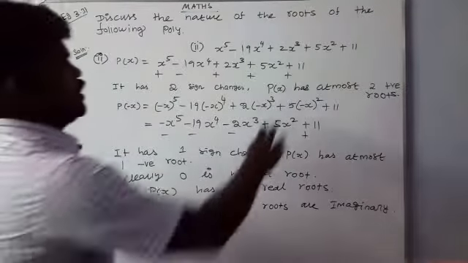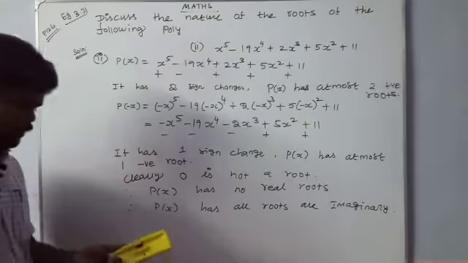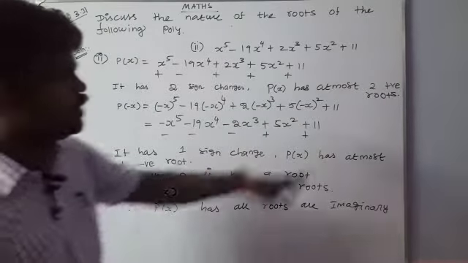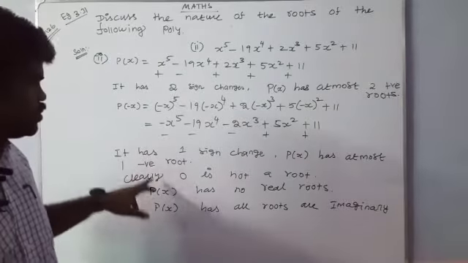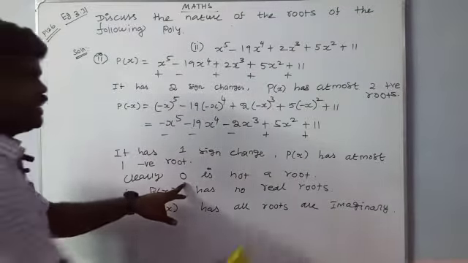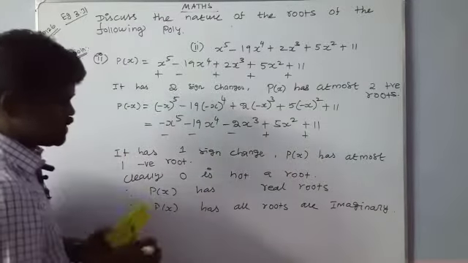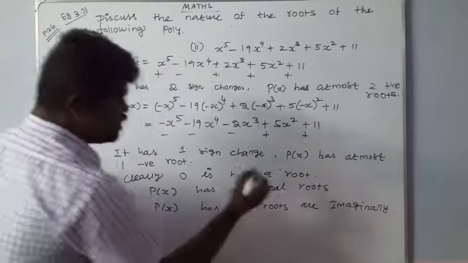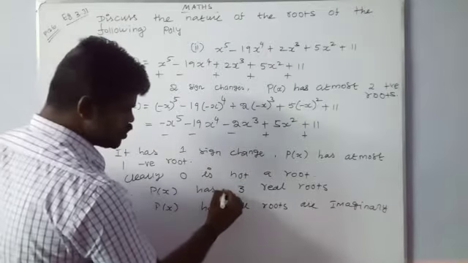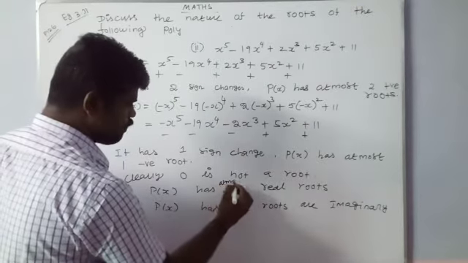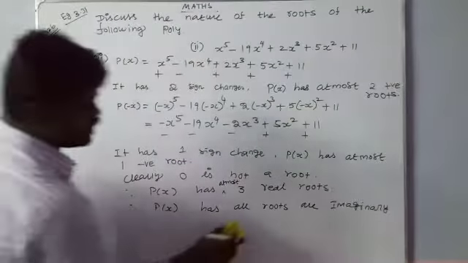This equation contains a constant term, so clearly 0 is not a root. So how many roots are there? Two positive roots at most, one negative root at most, and 0 is not a root. So totally 2 plus 1, 3 real roots. P of x has at most 3 real roots, and the remaining roots are imaginary.